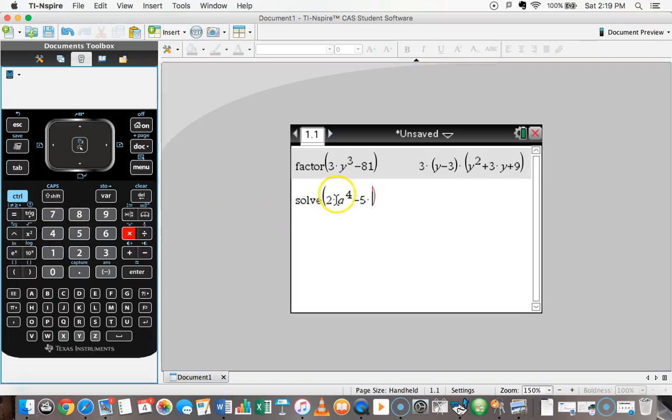Sometimes it doesn't like it if you don't put your times symbols in. It was a to the power of 2 minus 3.